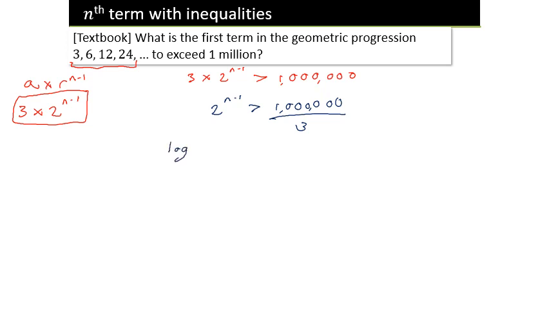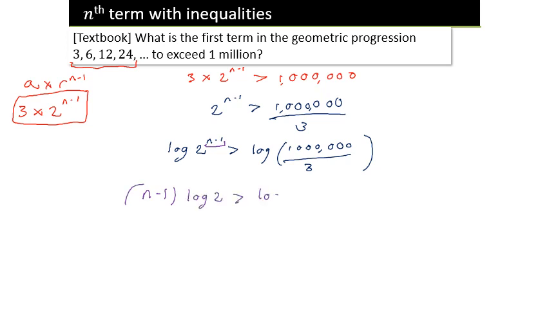So we get log 2 to the n minus 1 is greater than log of 1 million over 3. Then we can use our power law for logs. So this n minus 1 can come to the front. So we get n minus 1 times log 2 is greater than log 1 million over 3.